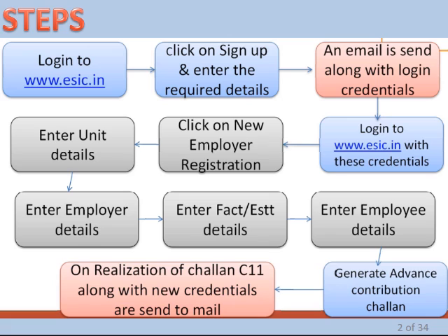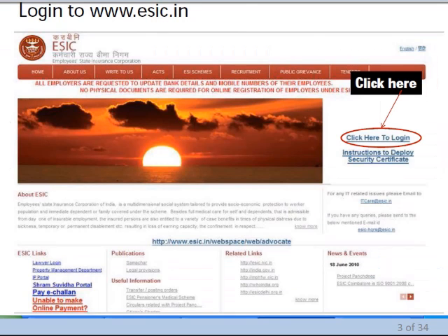After that, click on new employer registration. Enter unit details, employer details, factory or establishment details, employee details, generate the advance contribution challan, and after realization of the challan, C11 along with new credentials is sent to the mail ID.